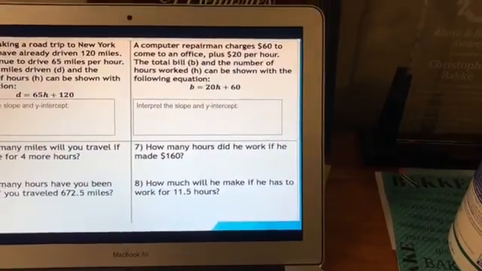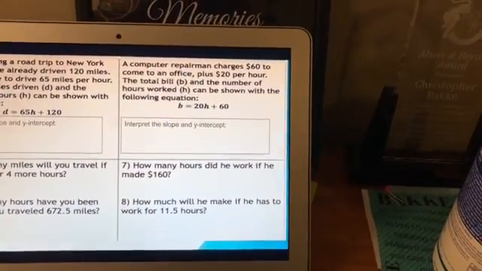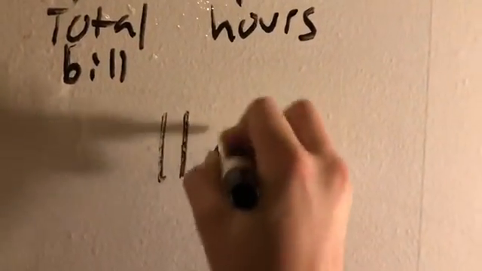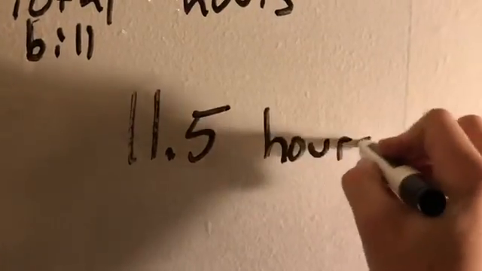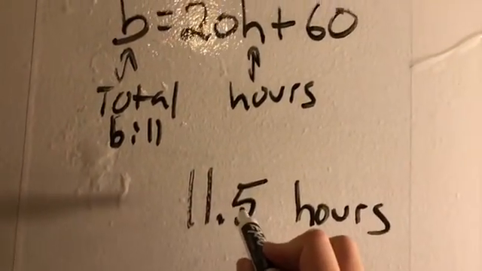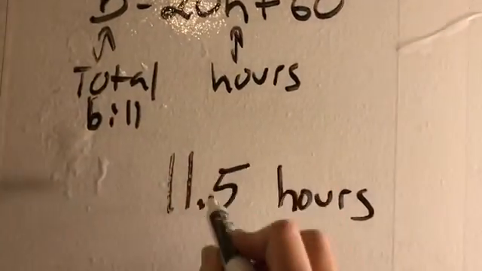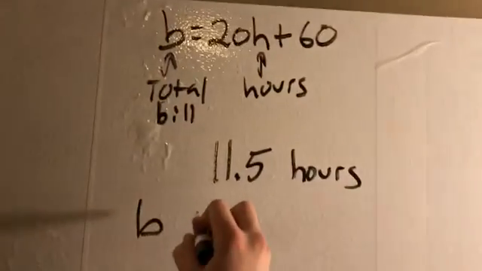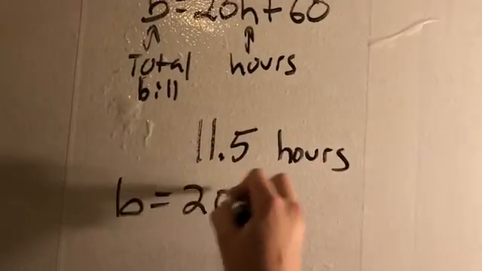So number 8, how much will he make if he has to work for 11.5 hours? So I'm going to write down the number and I'm going to write down the idea. Once again, that was 11.5 hours. And now I ask myself, does that number match h or b? Well, obviously this is hours and we labeled that as hours. So we're going to swap out for h.